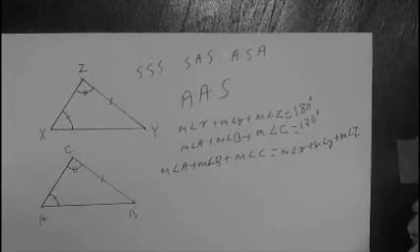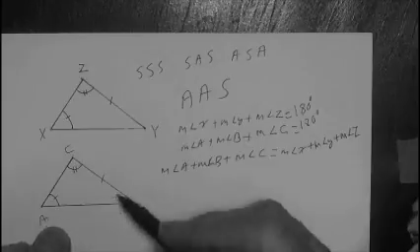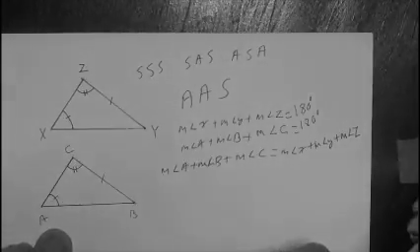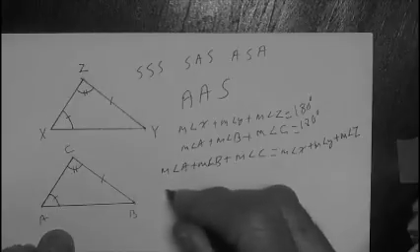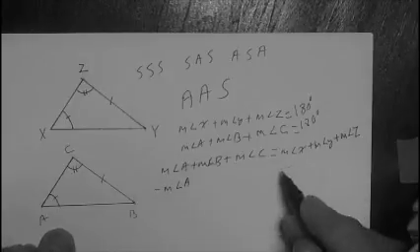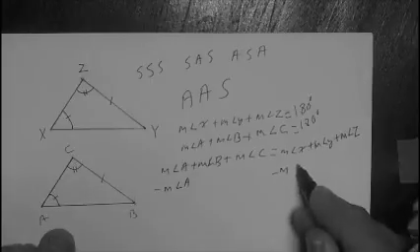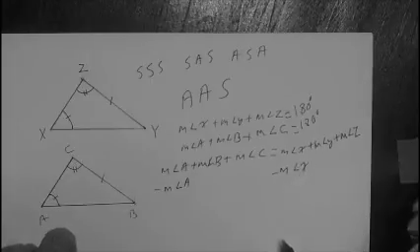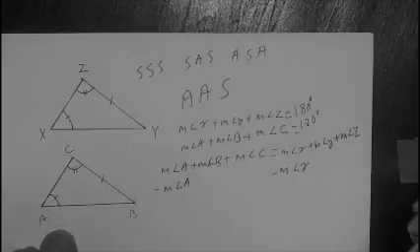There we go. All equal to each other. But remember our original assumption. A and X were equal to each other. So if I were to subtract the measure of angle A from this side and subtract the measure of angle X from this side, I'd be subtracting equals from equals, and the results must be equal.